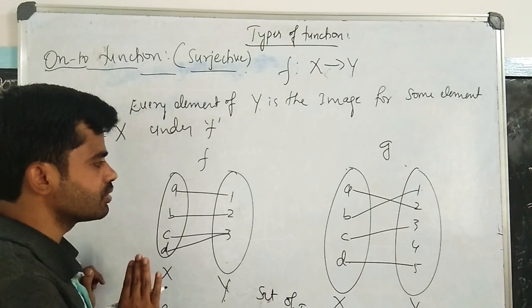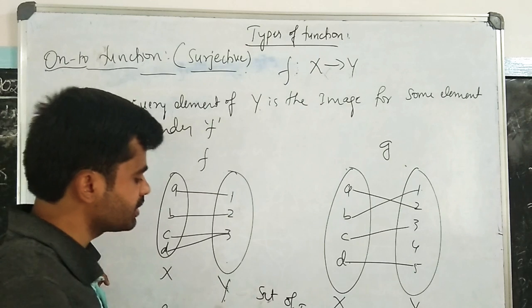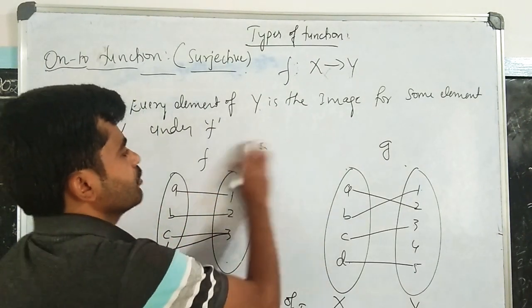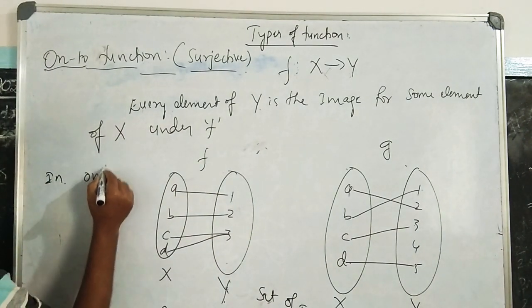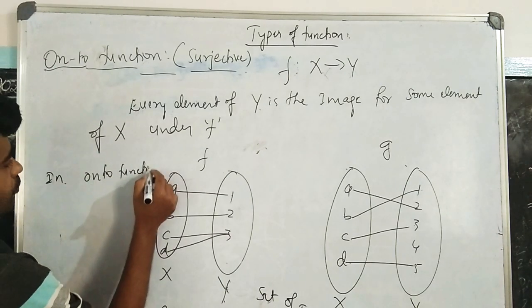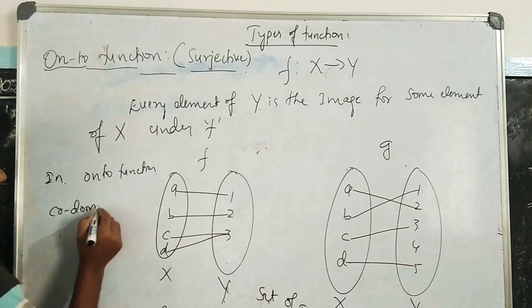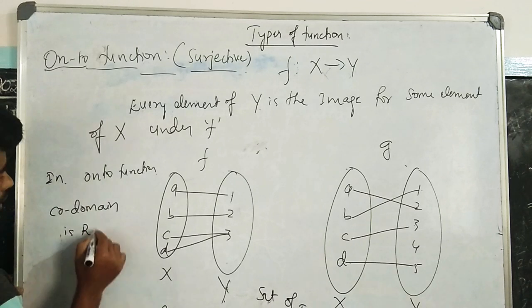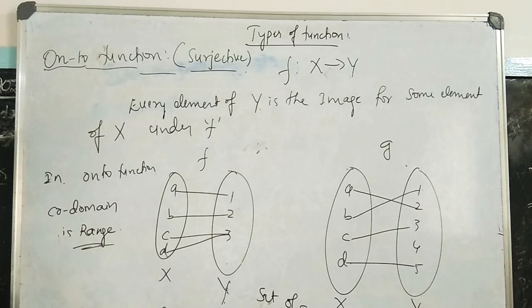All the elements are images means that the set of images, that is the range, equals the codomain. So in an onto function, the codomain is the range, because all the elements of Y are images. The set of images is called the range.